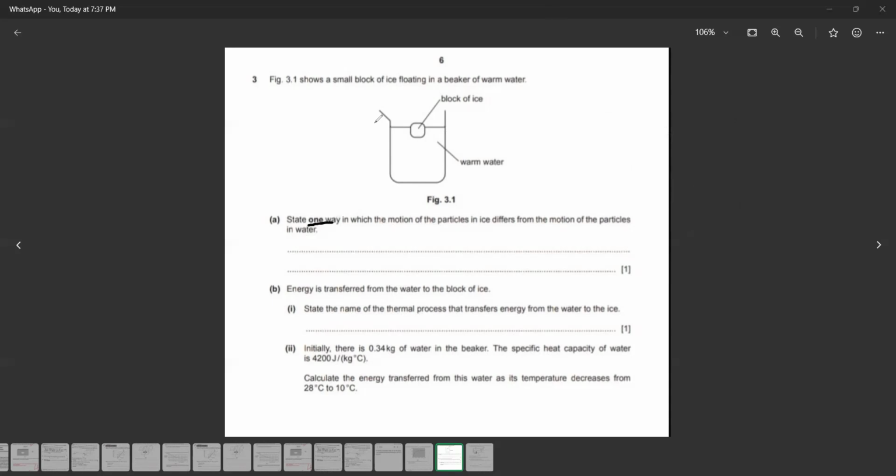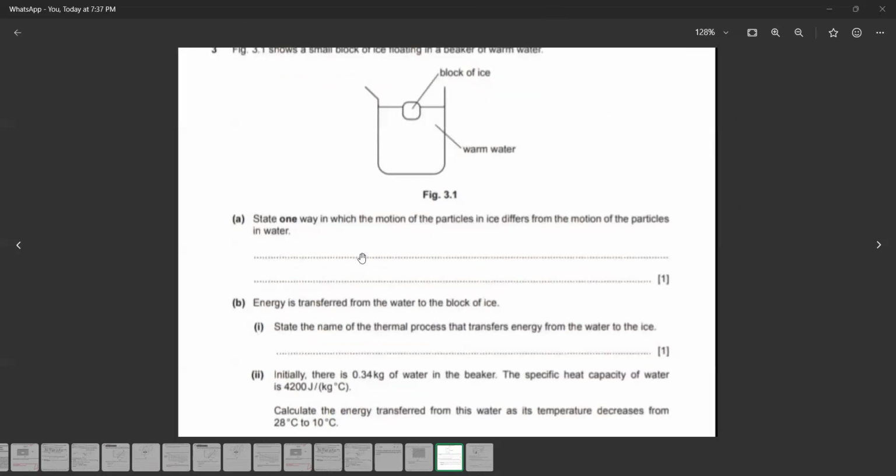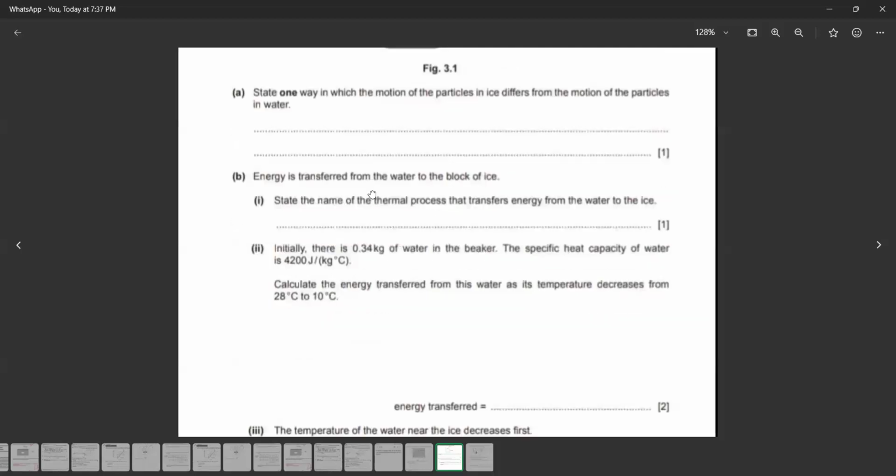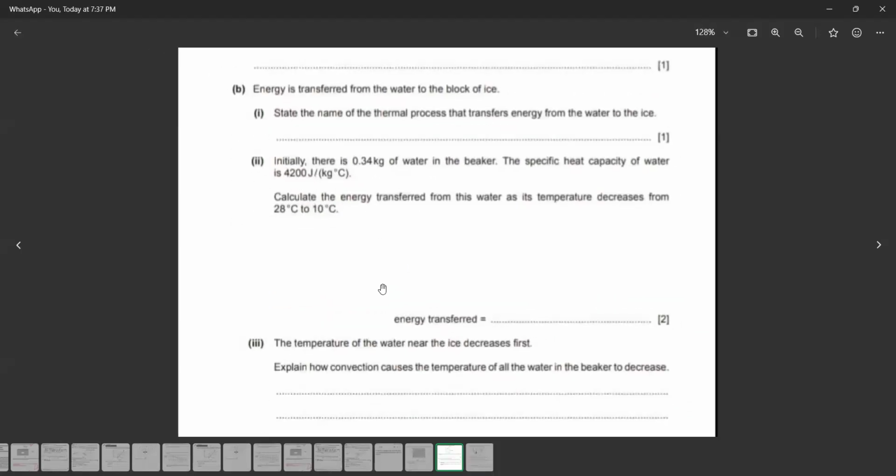Yes, ice always floats. State one way in which the motion of the particles in ice differs from the water. In ice, it's a solid, so the particles vibrate about fixed positions. In a liquid, the particles can move past each other. No, because we want how they are different.